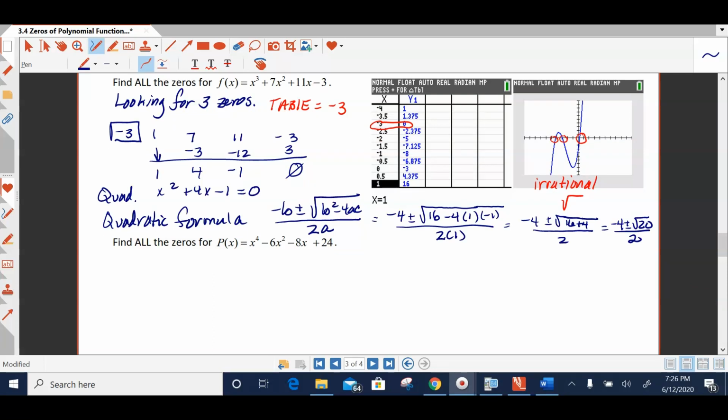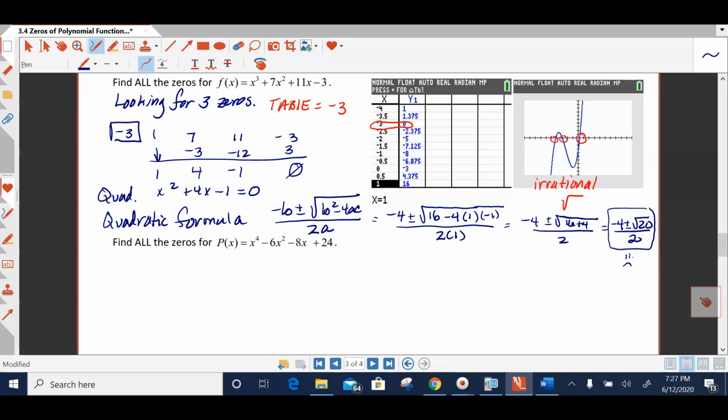I end up with a -4 plus or minus the square root of 20, all divided by 2. You've got to be careful with your arithmetic on the inside of that quadratic. The -4 times the 1 times the -1 have to be multiplied out first before you can take the 16 and subtract it. And so -4 times 1 times -1 is a +4. Now, unfortunately, we are not done at this point. We need to go farther, so we're not done.